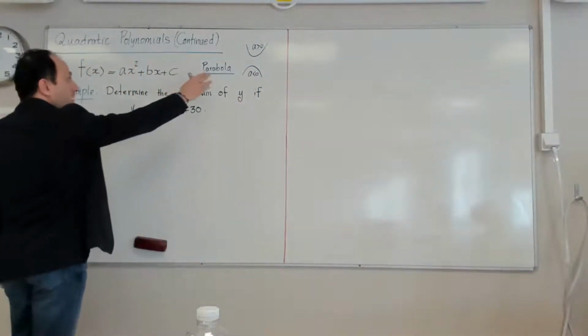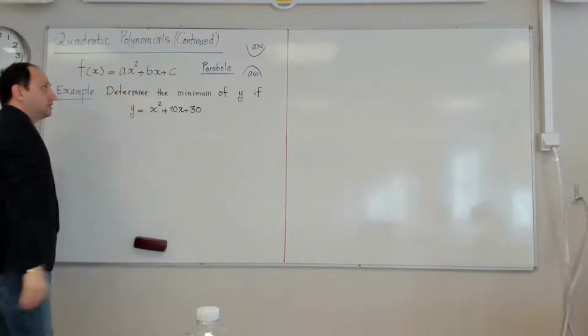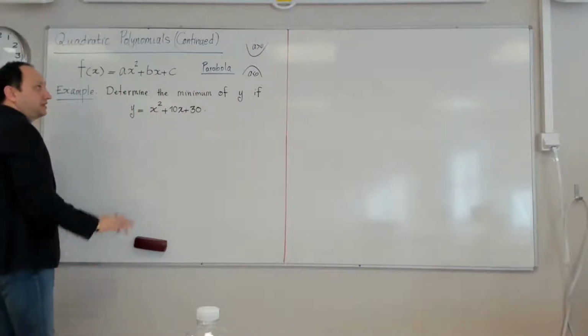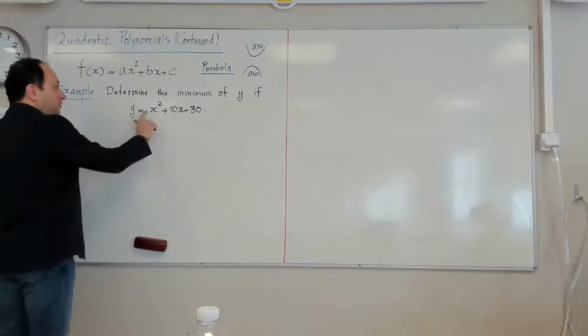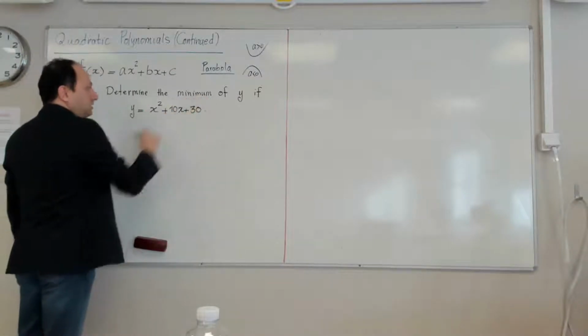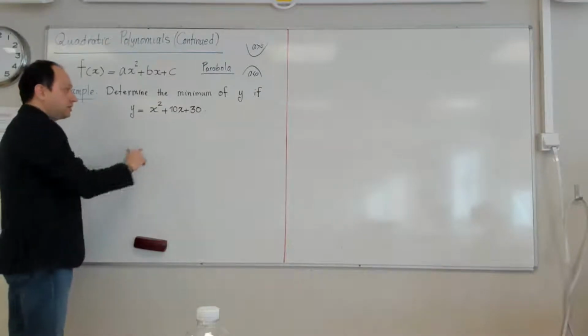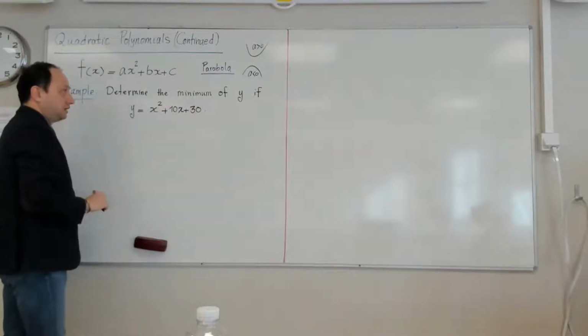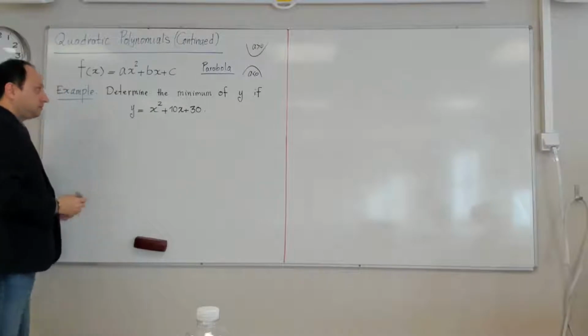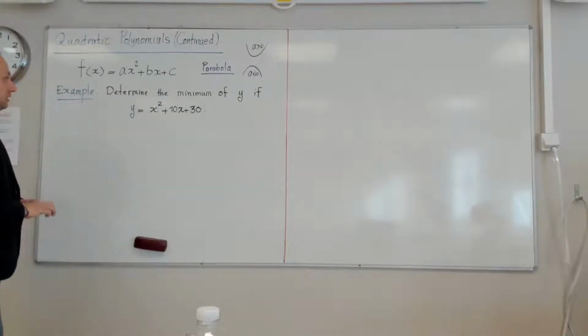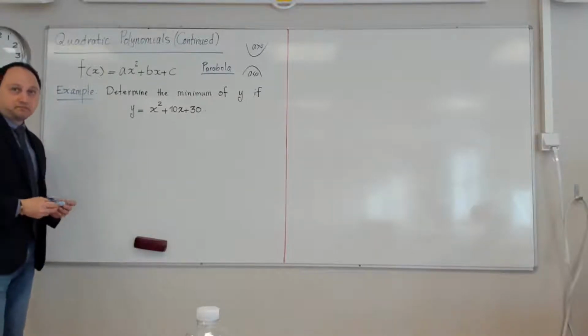I presented this in a hand-wavy way in the previous session, but this is a correct statement. For this function, I cannot ask you what is the maximum, but I can ask you what is the minimum. Now, do you have any idea how to do this?